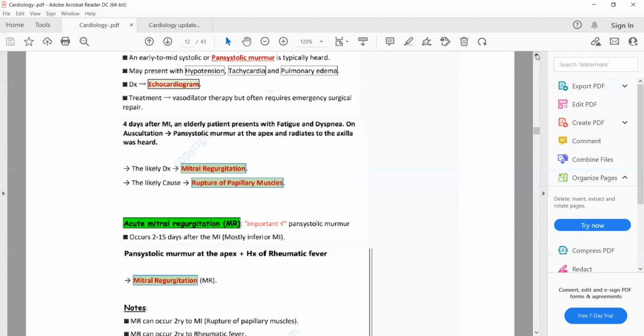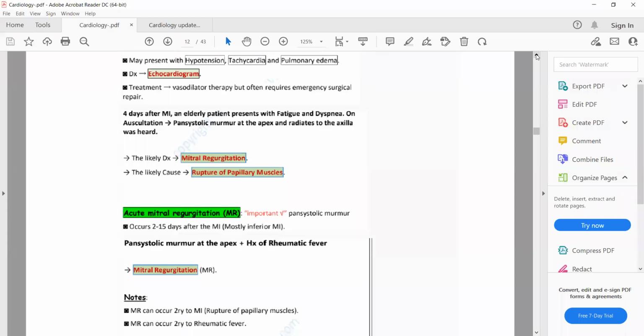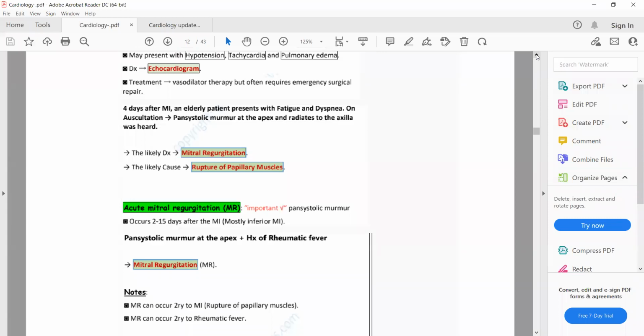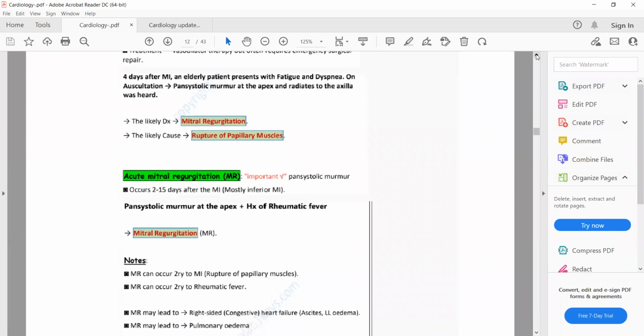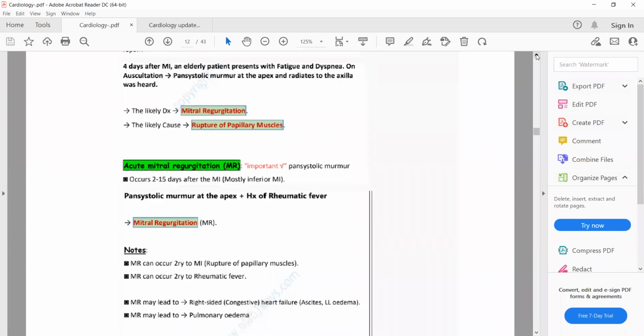On auscultation, there is a pansystolic murmur at the apex that radiates to the axilla. The diagnosis is most likely mitral regurgitation, and the cause is rupture of papillary muscles.